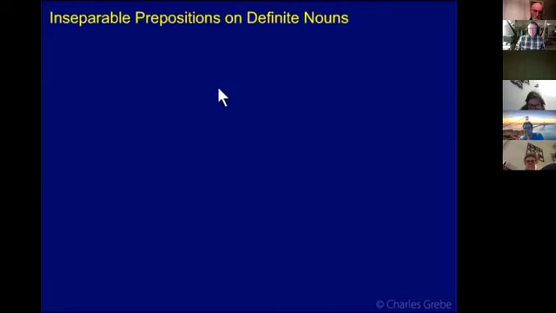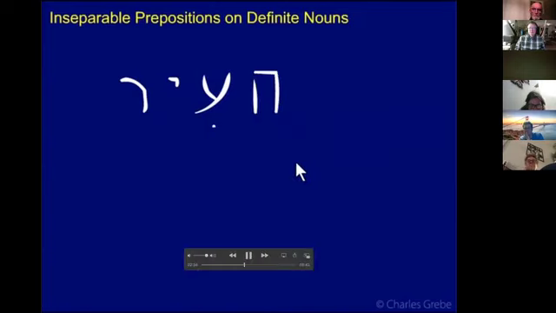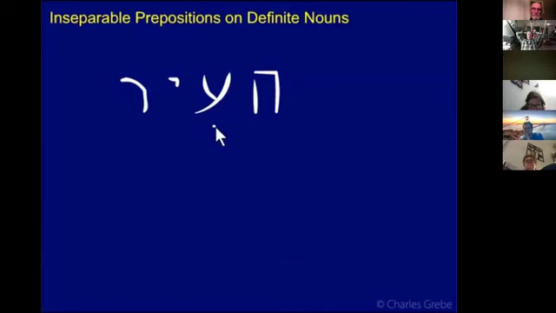Look at the word ir, which means city. This was one of our examples previously, I think. So if we add the article, now this is a test, a review of the last module, what's going to happen? If we have ayin here with a yud, with a hiriq under it, what's going to happen is we're going to get what?